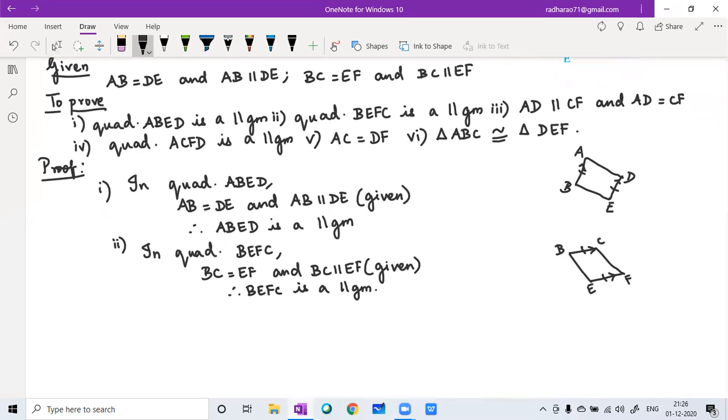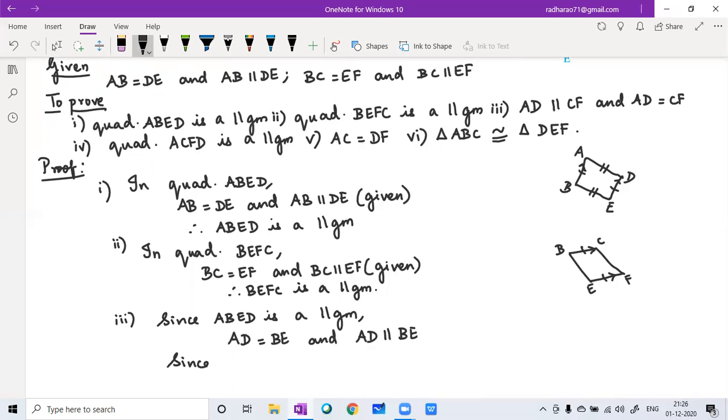So since ABED is a parallelogram, not only AB and DE will be parallel and equal, AD and BE will also be equal. So AD is equal to BE and AD is parallel to BE.